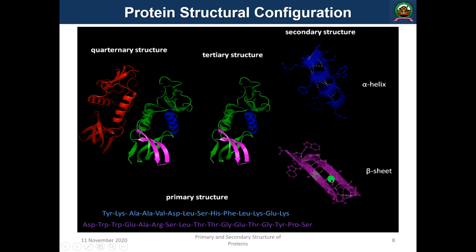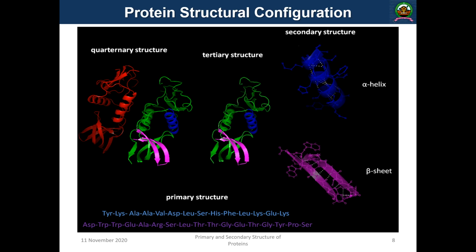If multiple beta sheets form a single subunit, a single structure, it is known as tertiary structure. This is known as a domain, and this particular thing is known as a motif. Motifs are small structures of amino acids in a polypeptide chain that have a particular structure and function.